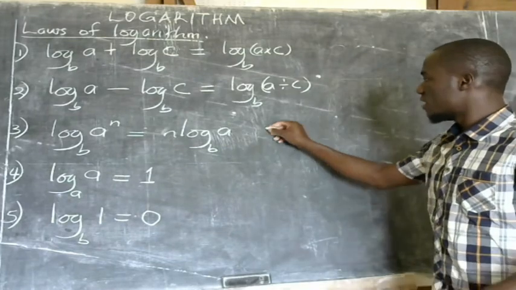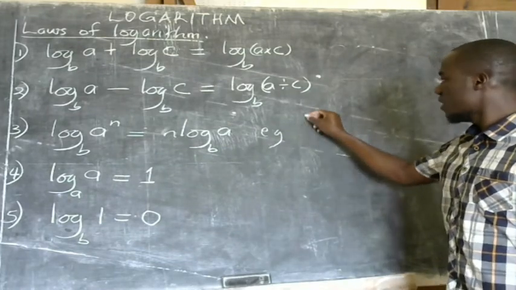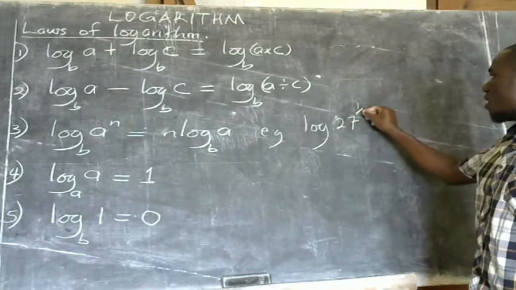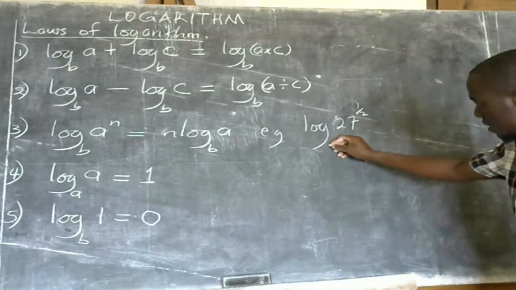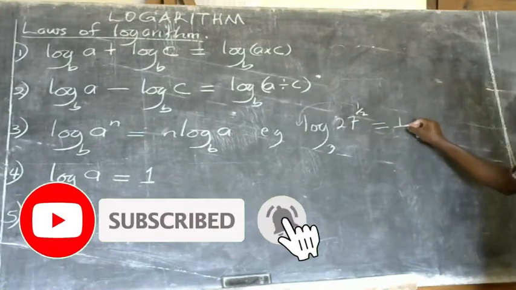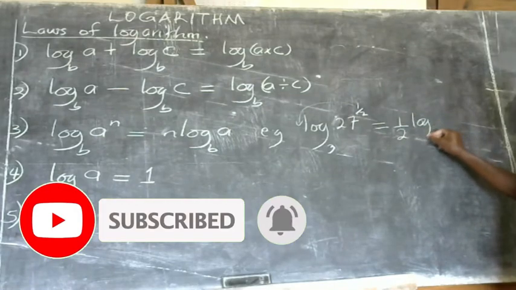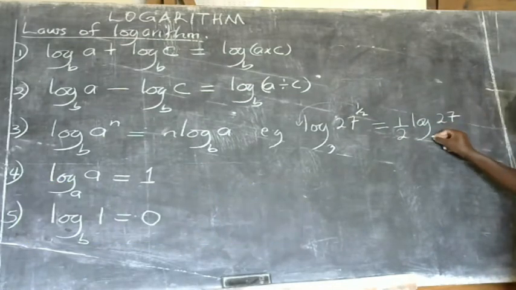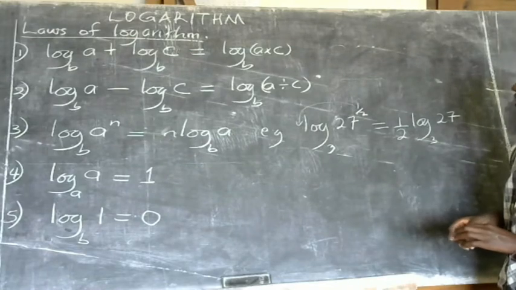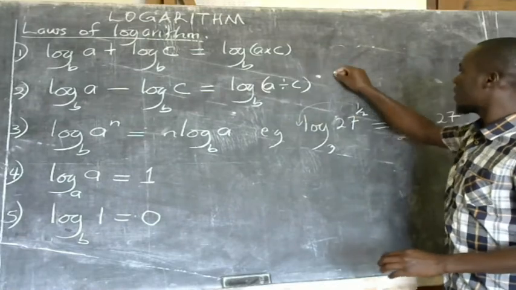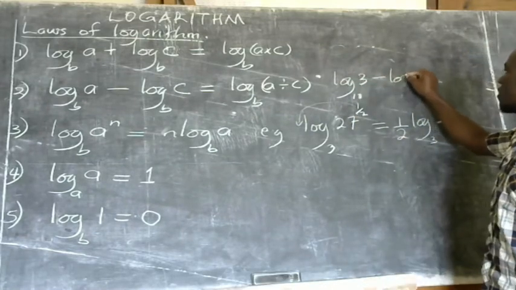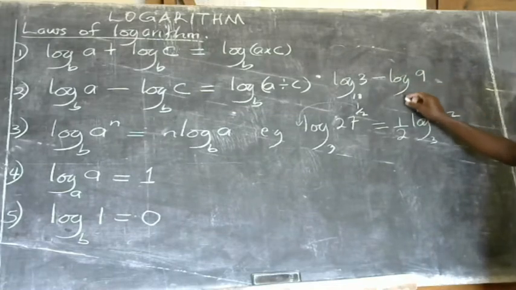Here is an example. If I have log of, let me say, 27 power a half base 3, that half is going to somersault up to there. So this one is going to be a half times log of 27 base 3. Then from there I can continue. Then here I can have my log of 3 base 10 minus log of 9 base 10.